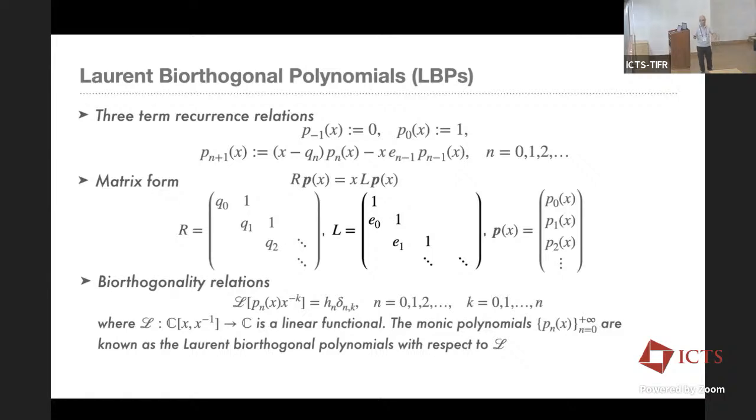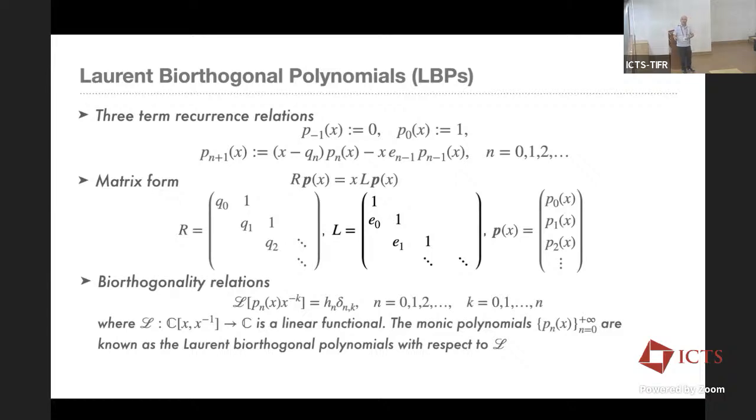It looks the same as for orthogonal polynomials. But here, in the standard orthogonal polynomial case, the monomial x appears only in this term. But here, the coefficient of P_{n-1} depends on x. This x usually doesn't appear in the standard orthogonal polynomial system.